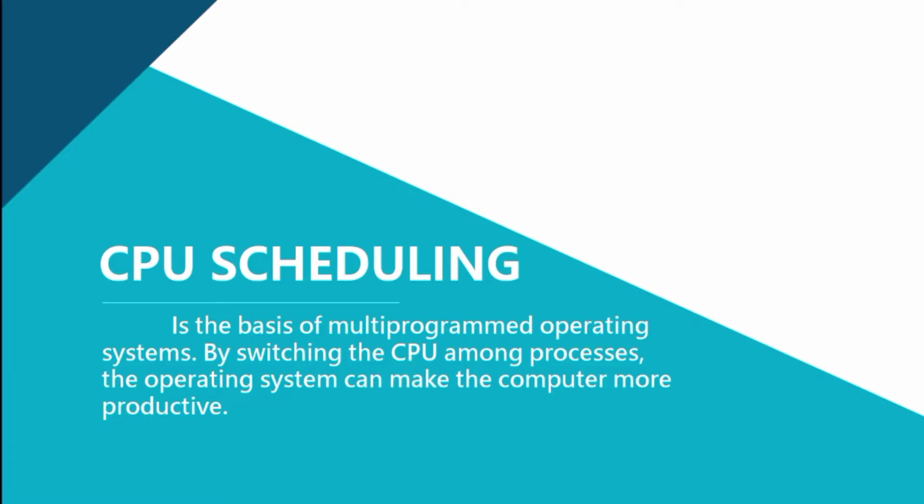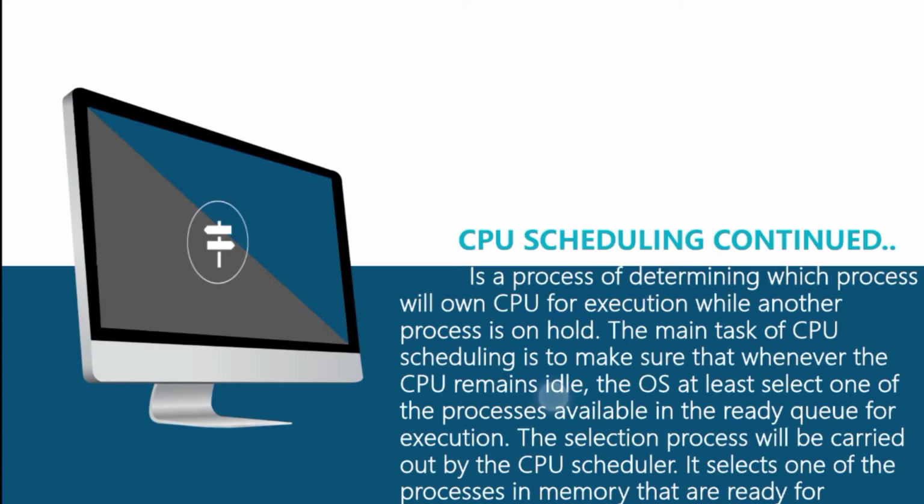CPU scheduling is the basis of multi-program operating system by switching the CPU among processes. The operating system can make the computer more productive. It is also described as a process of determining which process will own the CPU for execution.